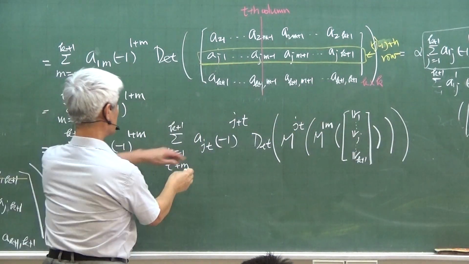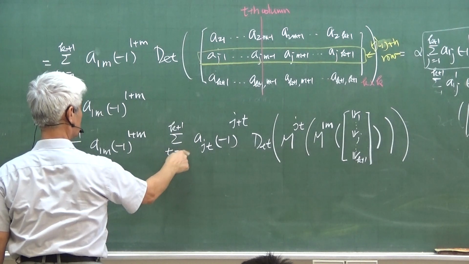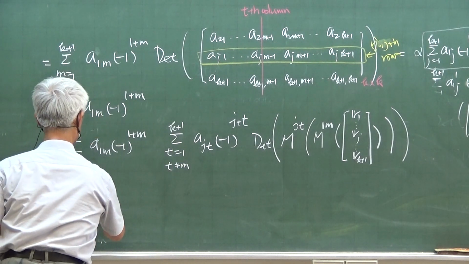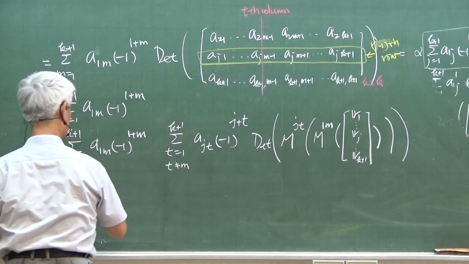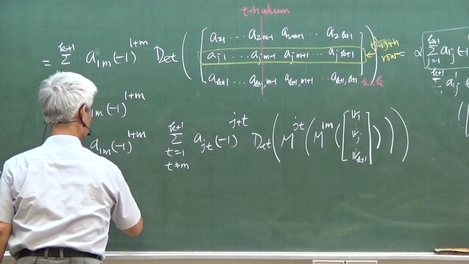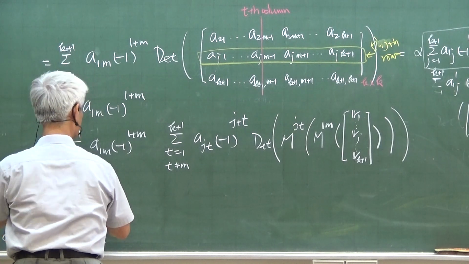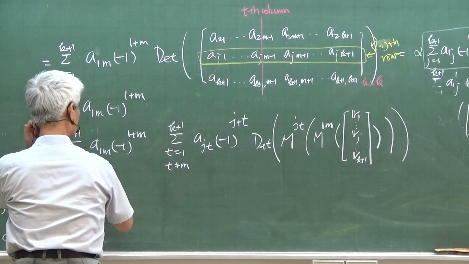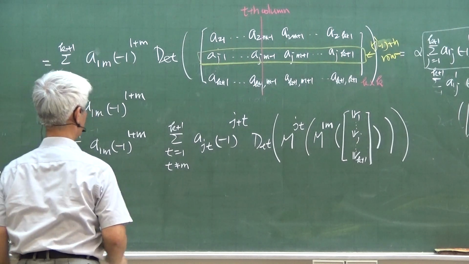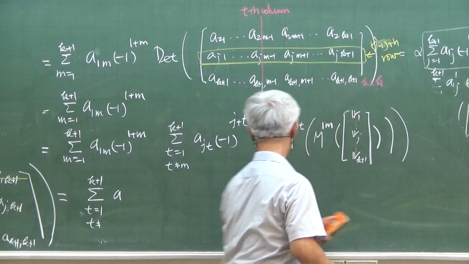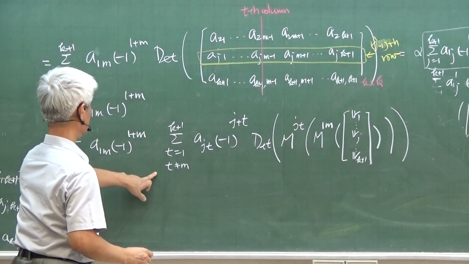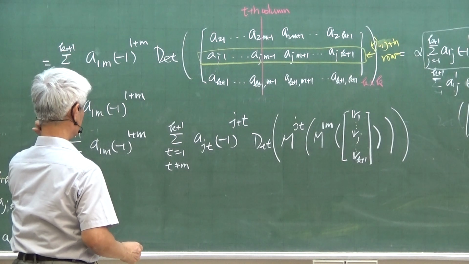So now we change the order of this part. So now we have the sum over t from 1 to k plus 1, with t not equal to n.